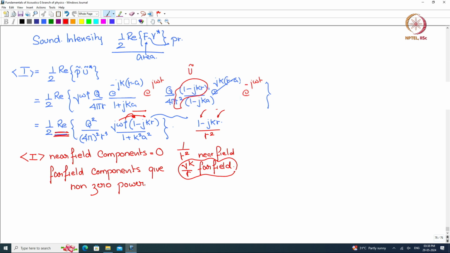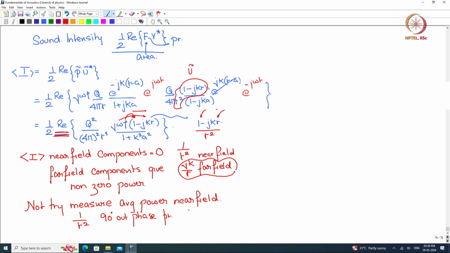What this is just saying is that one should not try to measure average power in the near field of a source, because the particle velocity will be dominated by 1 over r square, which is 90 degrees out of phase with pressure, and the 1 over r is submerged because r is small, so this will dominate.